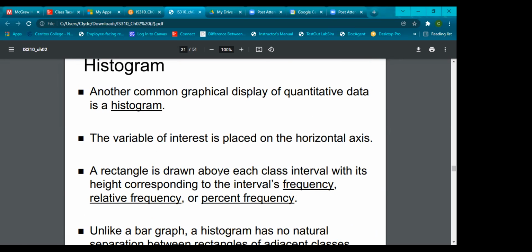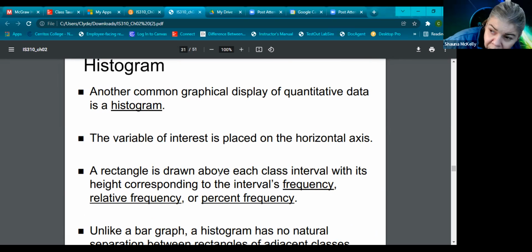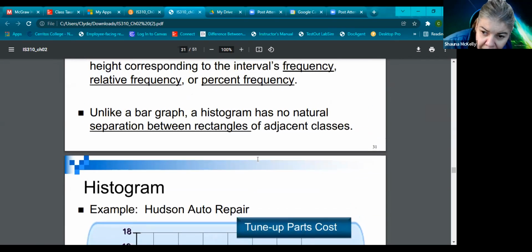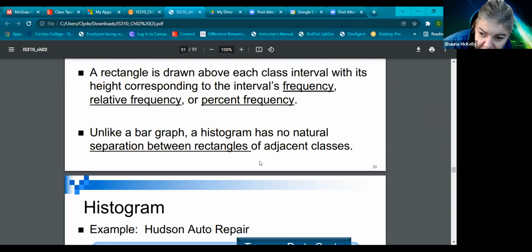Histograms are for quantitative numerical data, and bar charts are for categorical qualitative data. I think it says that on the last bullet point: unlike a bar graph, a histogram has no natural separation. So you don't generally separate the bars.